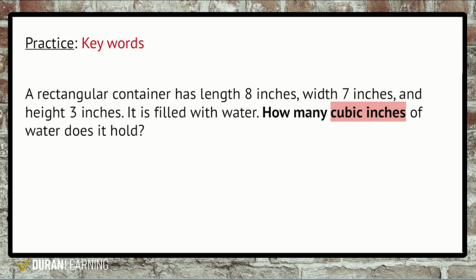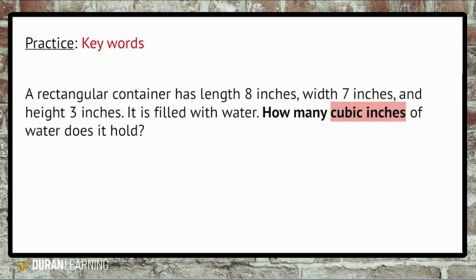We could be given a three-dimensional shape and we could be asked to do surface area. We could absolutely be asked that. So before I continue, does that make sense? It's not just that it's a three-dimensional shape. The three-dimensional shape means, yeah, it could be volume or surface area, but the true giveaway right there: how many cubic inches of water does it hold?